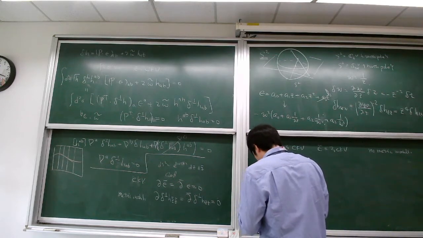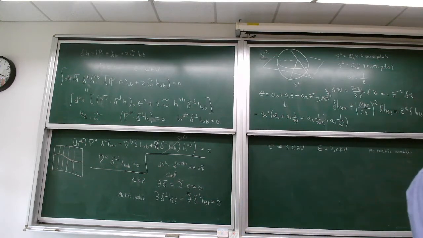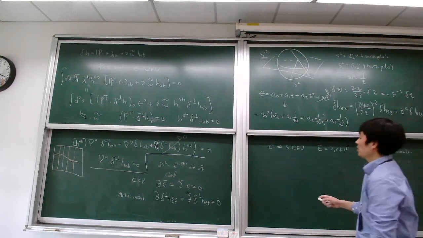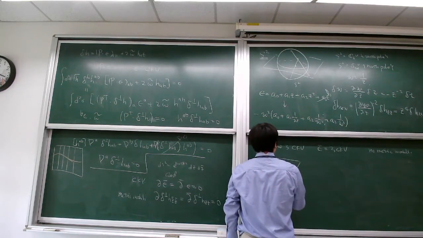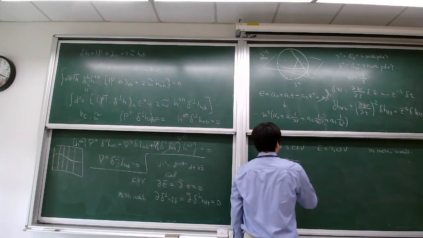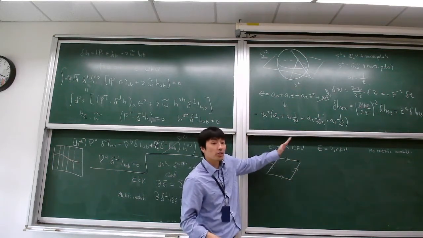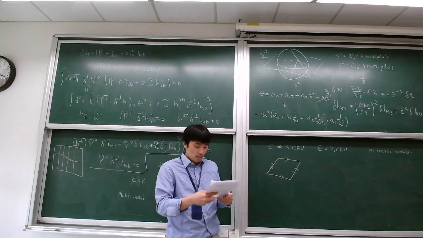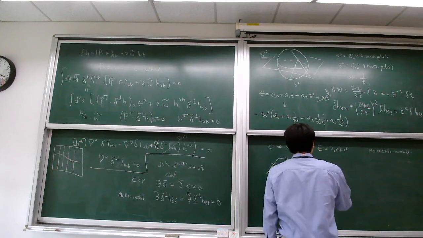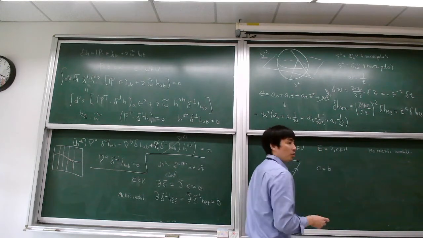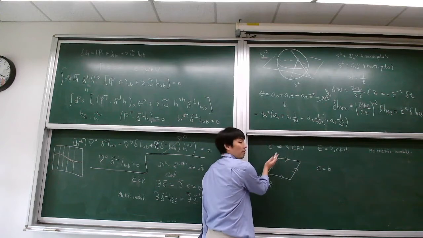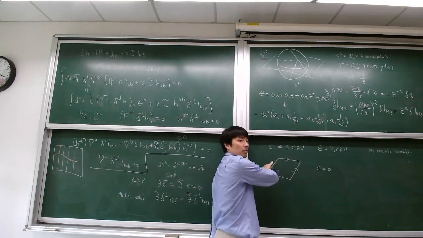So let's look at the torus case. The torus case is just flat, but you need to identify. A holomorphic function has to be well defined on this identification, so only the constant one is allowed. If it varies with Z, you cannot identify the top and bottom and then left and right.